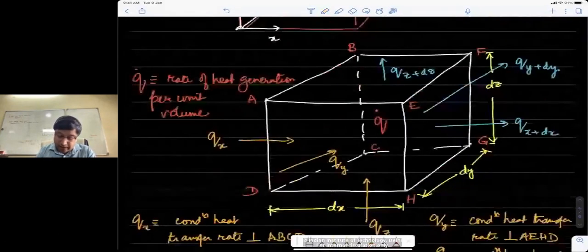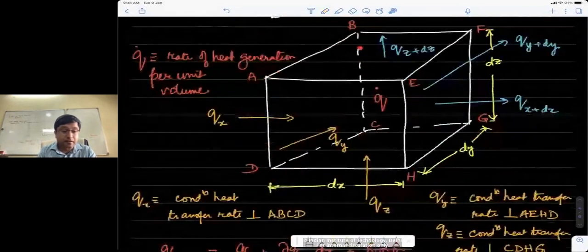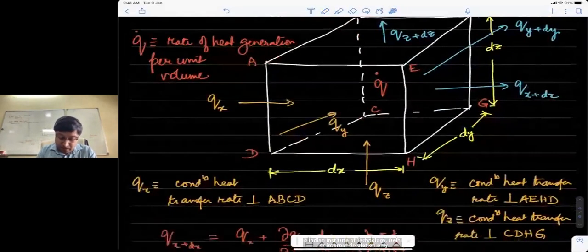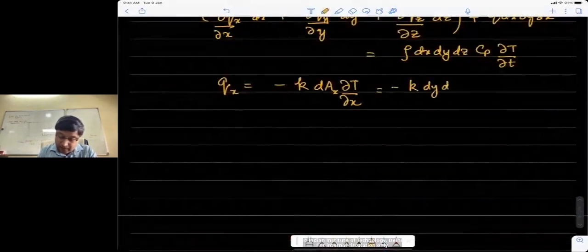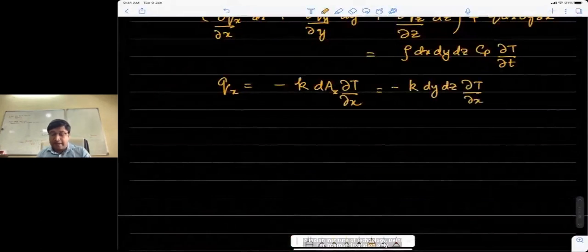It has dimensions of dy dz, that is the area of that face. So this could be written as minus k dy dz dT/dx.